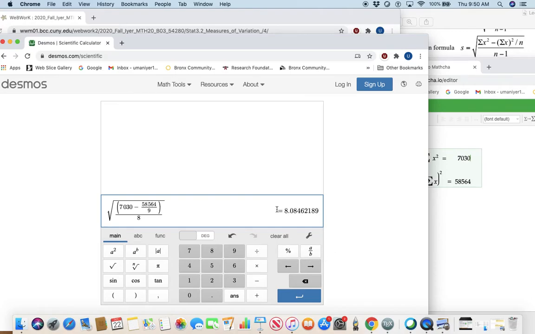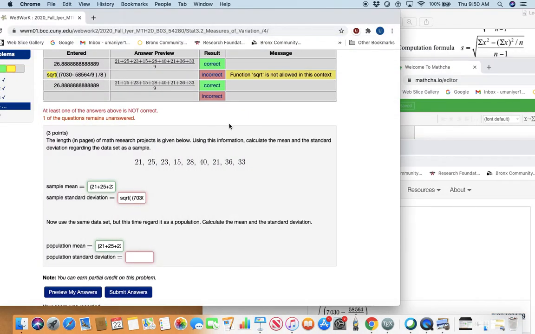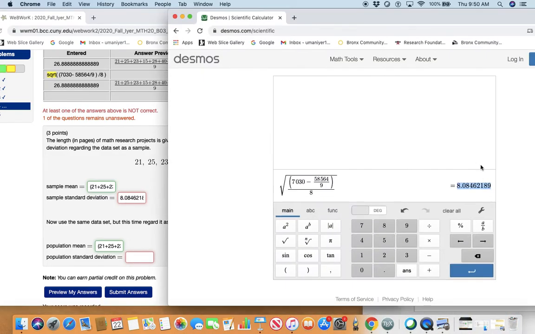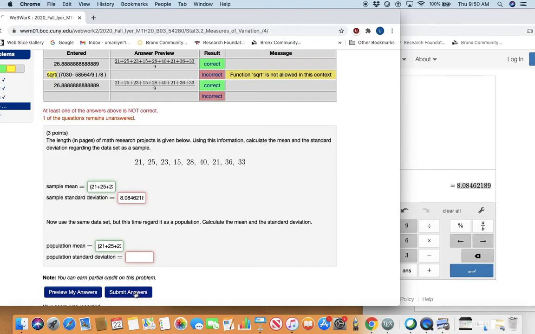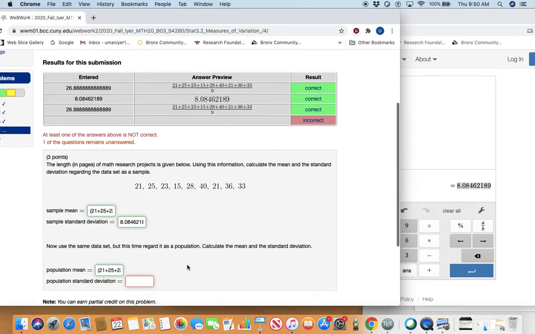All right, so I get this number. Now let's see whether it's happy to accept it. It's not allowing me to use square root in WebWork here for whatever reasons. So I simply copied this answer and pasted it here. Now let's check. Okay, it's happy.